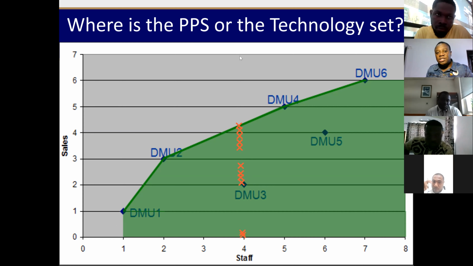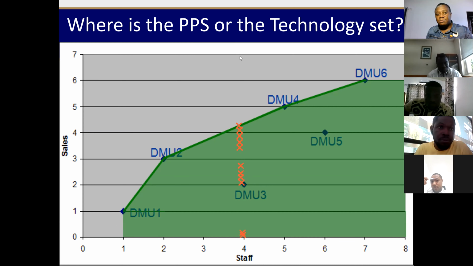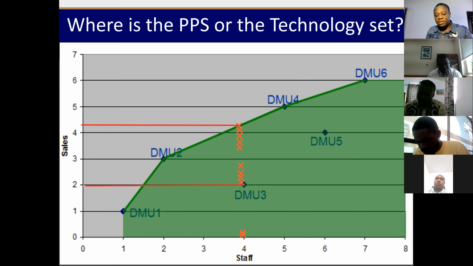But if you check carefully, that DMU is producing more output than DMU 3 is producing, as long as it's on the frontier. And so DMU 3 becomes dominated because somebody is doing better than it.